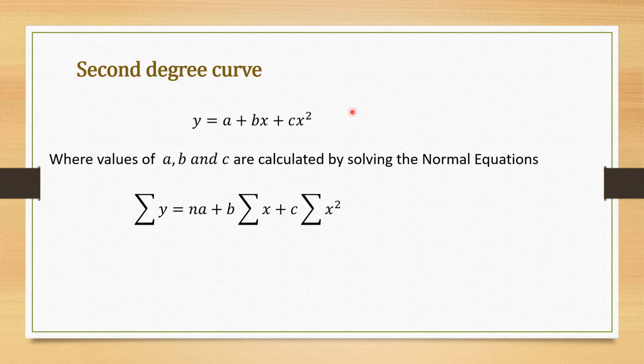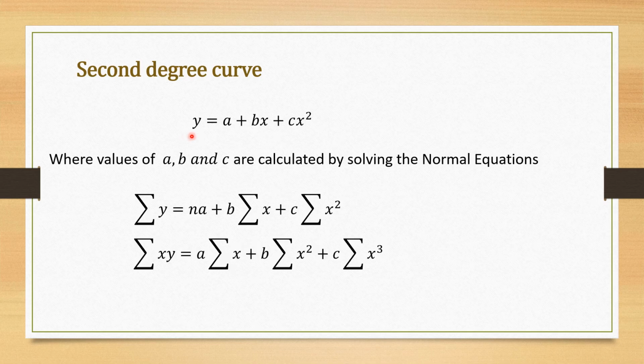Next, the second normal equation is got by taking the summation after multiplying this equation by x. So first we multiply this equation by x and then take the summation. We will get summation xy is equal to a summation x plus b summation x square plus c summation x cube. Again, the third equation is got by multiplying this equation by x square and then taking the summation.